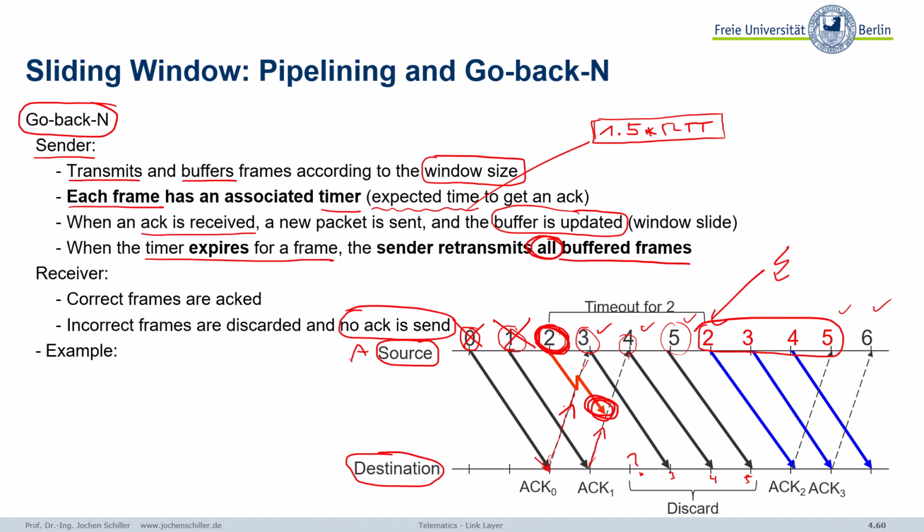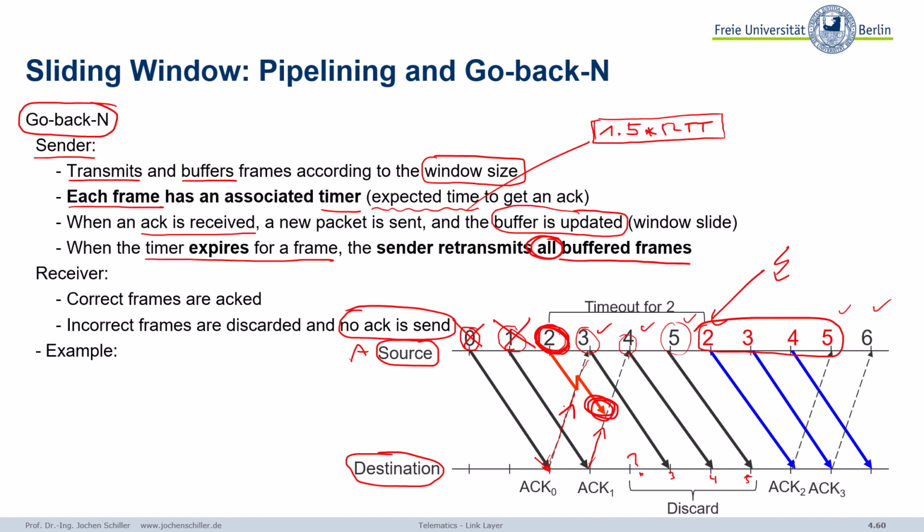Why do I show this? This scheme is not very intelligent. Well, it's simple. And that's one of the starting points. If you have simple software, simple hardware, whatever, you can implement this. It's not complicated. You don't have complicated buffer management on the receiver side, because it's quite obvious.